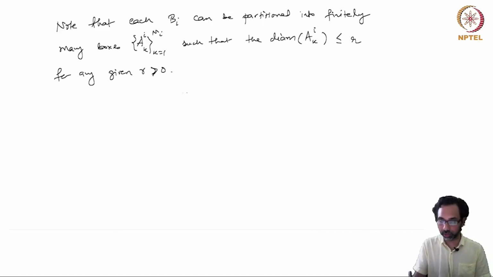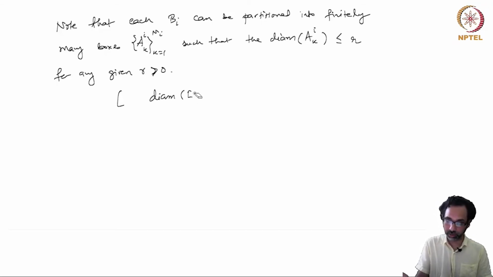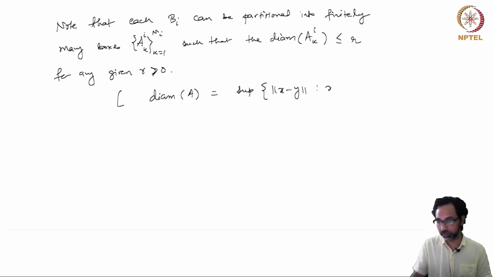So here the diameter of a set A is the supremum of the Euclidean distance between any two points of A.